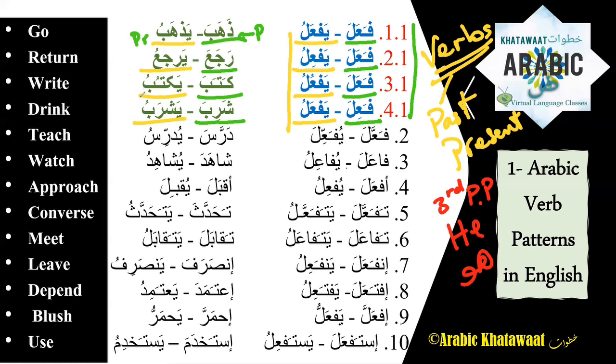And you have u, which is dhamma here, and it rhymes with ru. And then here you say yarji'u, it rhymes with i. And yashrabu rhymes with a.